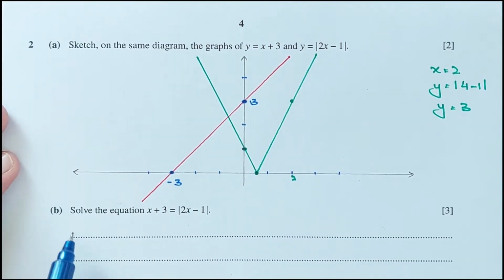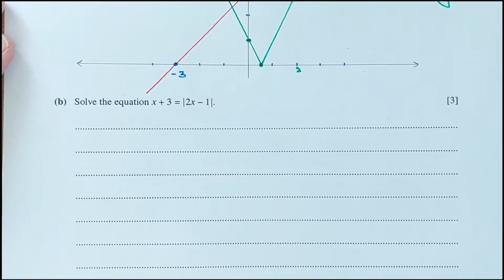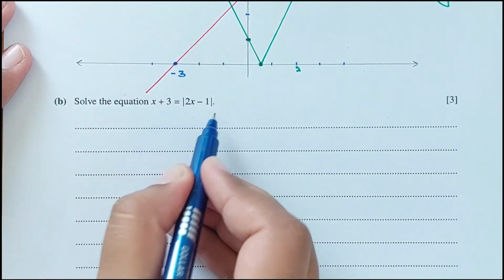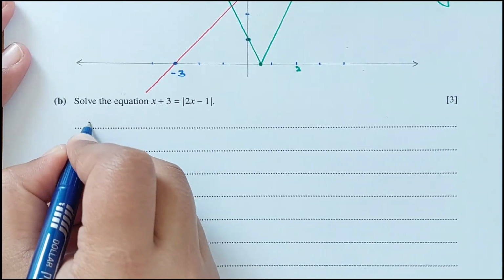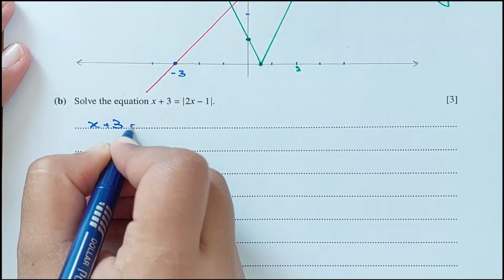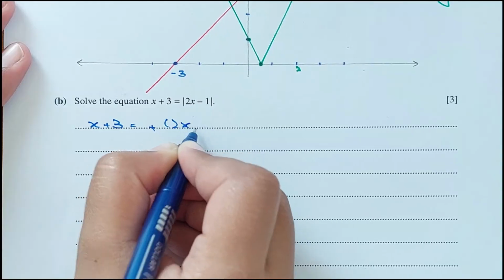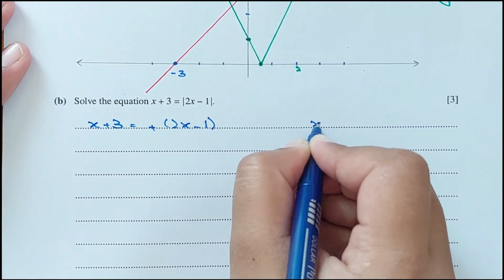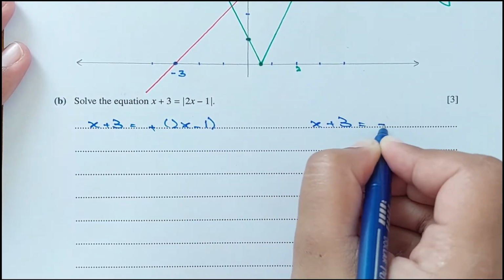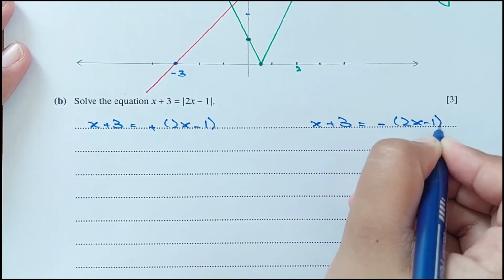Now for part B, solve the equation x plus 3 is equal to the absolute of 2x minus 1, right? So there are two ways we can solve it by squaring both sides, or we can say x plus 3 is equal to plus 2x minus 1, or x plus 3 is equal to minus of 2x minus 1.